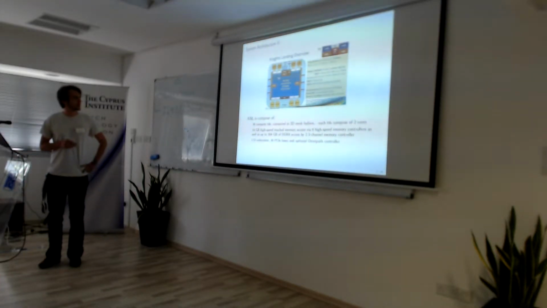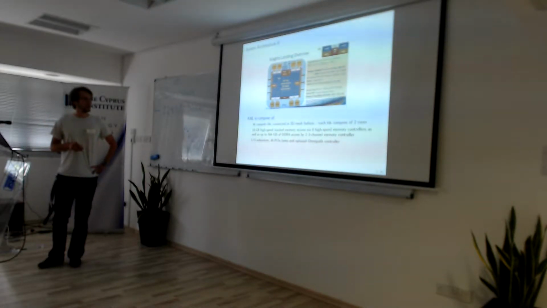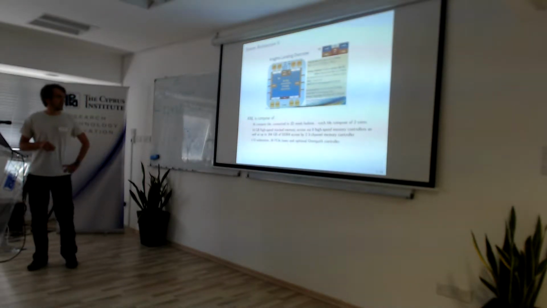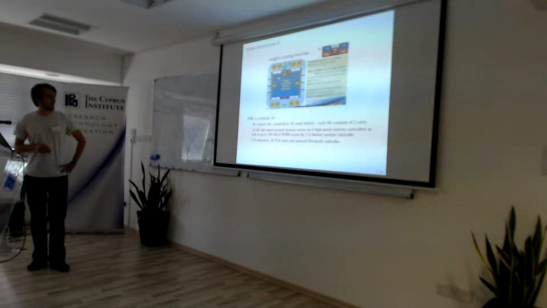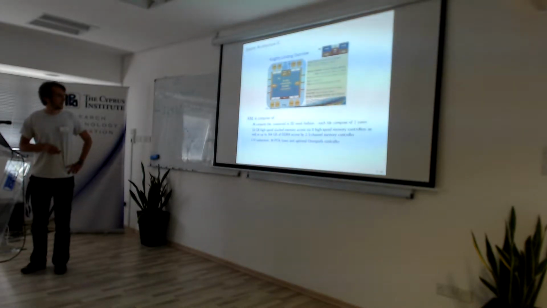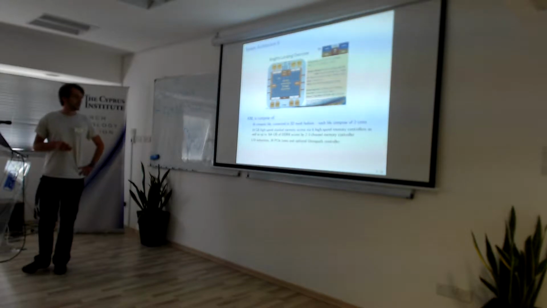Close to the cores there is 16 GB of high bandwidth stacked memory, which can be accessed by memory controllers, as well as up to 384 GB of DDR4 RAM. And you have the optional Omni-Path controller.